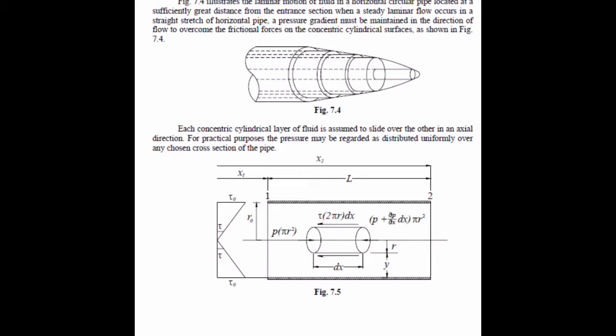So, along the pipe a pressure gradient will be maintained in the direction of flow to overcome the frictional force on the concentric cylindrical surface. Each concentric cylindrical layer of the fluid is assumed to slide over the other in an axial direction. For practical purposes, the pressure may be regarded as distributed uniformly over any cross section of the pipe.